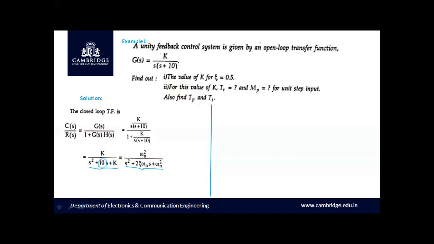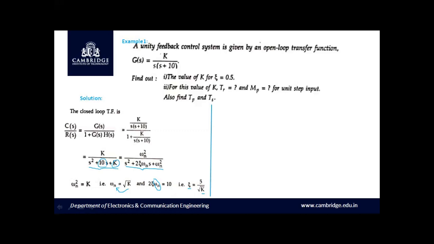So omega n square is K in this case, I can write omega n as square root of K. Similarly, comparing the coefficient of s, 2 zeta omega n is equal to 10. Substituting for omega n as square root of K in this expression, zeta will be equal to 10 by 2, I can write it as 5 divided by square root of K, where square root of K is equal to omega n, which we have extracted right now.